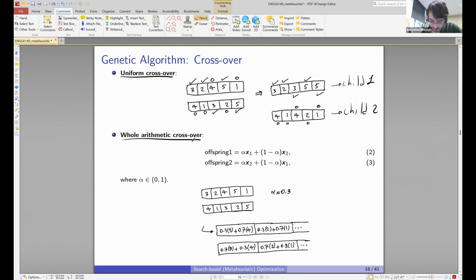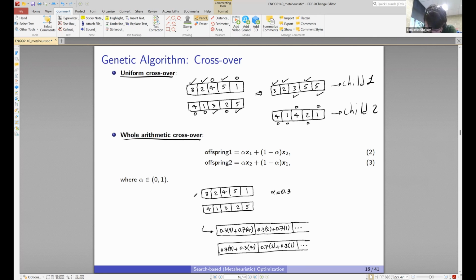Another one is whole arithmetic crossover. What does it do? So far, the crossover algorithms were just copying and pasting some parts from each parent next to each other to make the child. However, whole arithmetic crossover says that let's have a linear combination of the 2 parents and use all of their genes, from both parents.